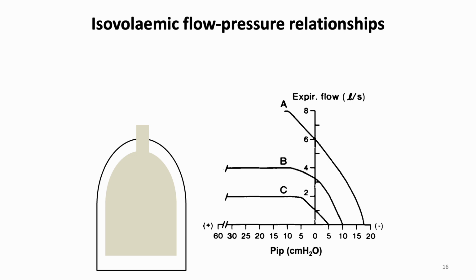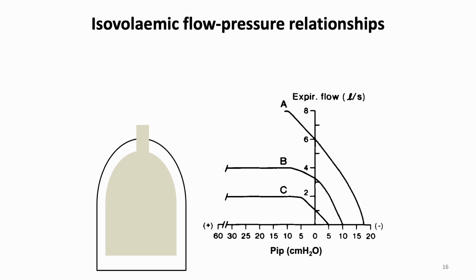So now we'll move from the respiratory relaxation curves to the so-called isovolumic flow pressure curves. And I just want to explain what this classical graph actually shows and what the physiological implications of that are.